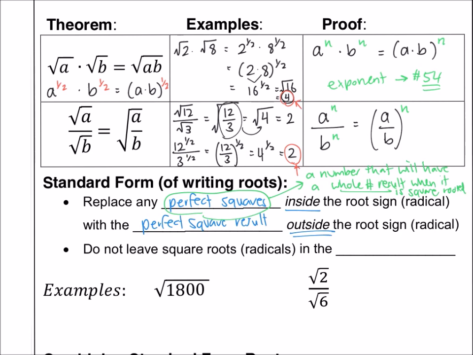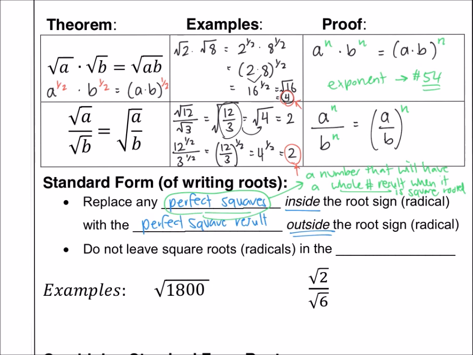A perfect square has a whole number result when it's square rooted. So, for example, the square root of 4 has a perfect whole number 2 as a result. The square root of 16 has a perfect whole number 4 as a result. So if you see any perfect squares inside of the root sign, you want to take that result and put it outside of the root sign.